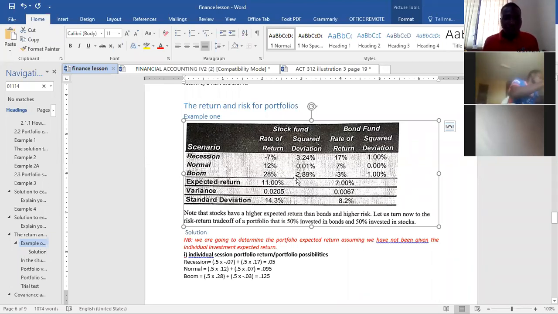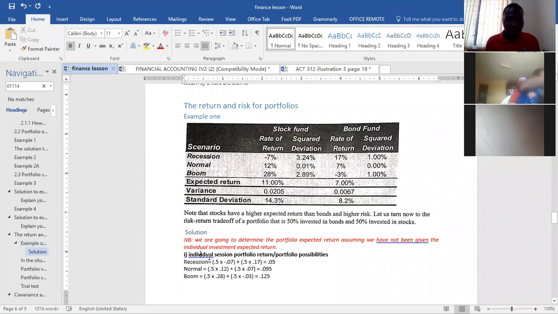So we are going to calculate the portfolio expected return, assuming we were not given this 11 and this 7% over here. So assuming you have not been given it, how do you then calculate the portfolio expected return?